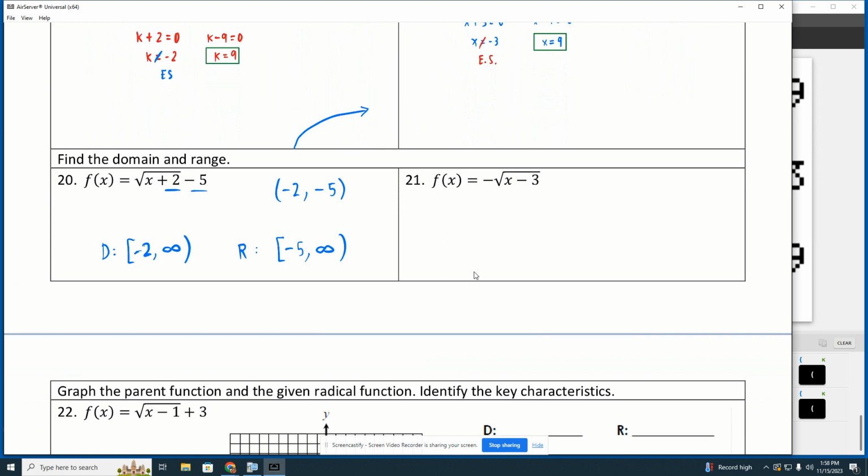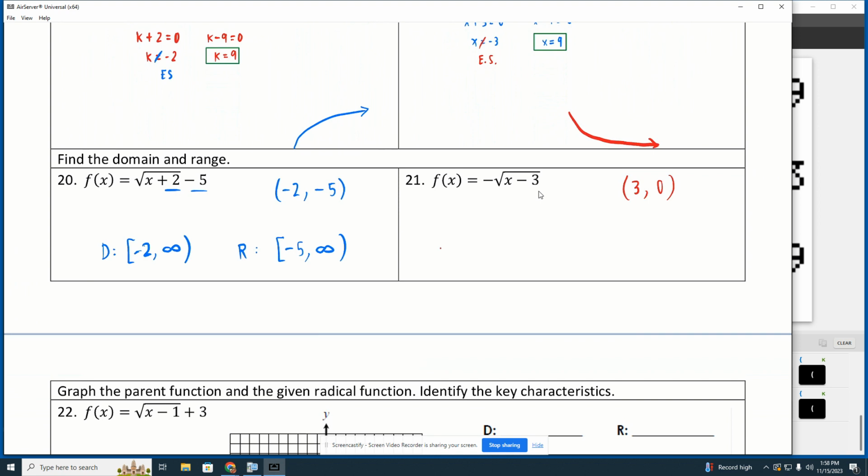Now, number 21, we've got negative square root of x minus 3. So the negative thing does play a role, but let's first just remember, where does it go? Well, remember, if that's a -3, that means it actually goes right 3, but it goes up none. But it is upside down, so it's going to do this because it's a square root function. So what's that mean?